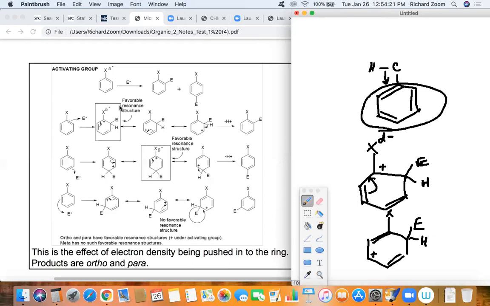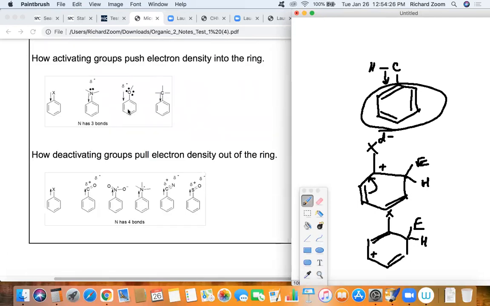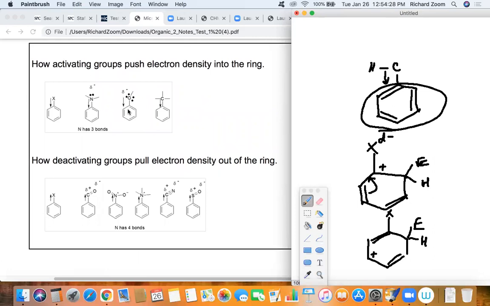Okay, so knowing if it's activating or deactivating is based off the group attached to the aromatic? Yes. On this slide, you'll see these are the groups that are activating, and the other ones are deactivating. What's important is the partial charge on the atom directly attached to the aromatic ring. So on the test it'll be one of those. Yes.